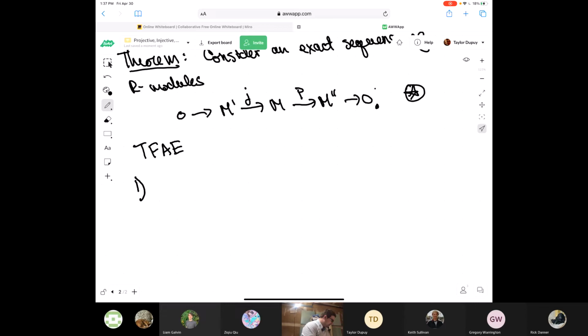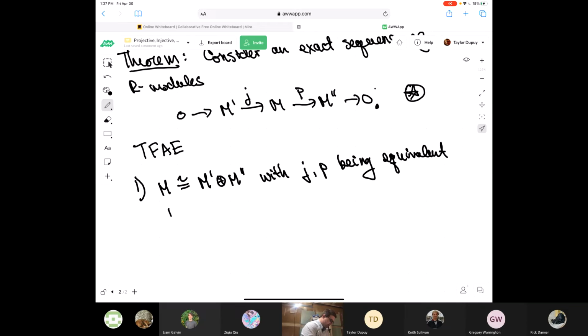1: M is isomorphic to M prime direct sum M prime prime, with J and P being equivalent to the standard injection and projection.